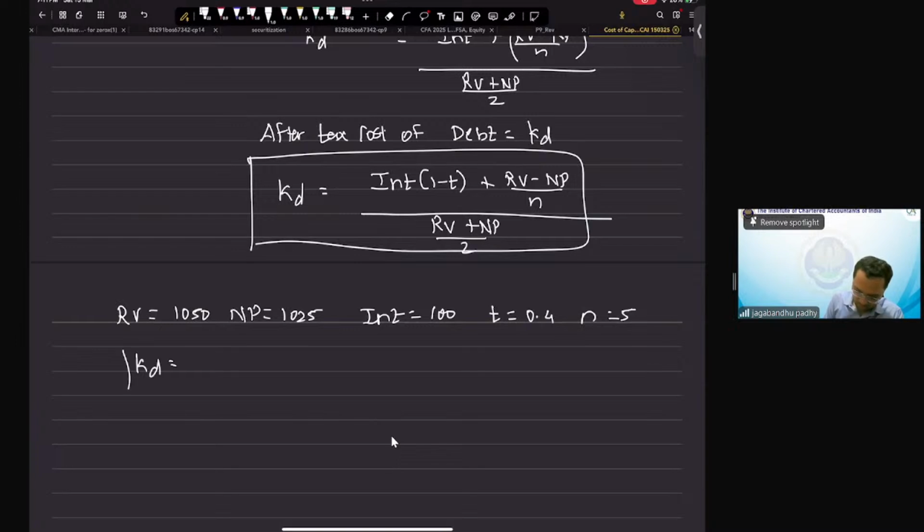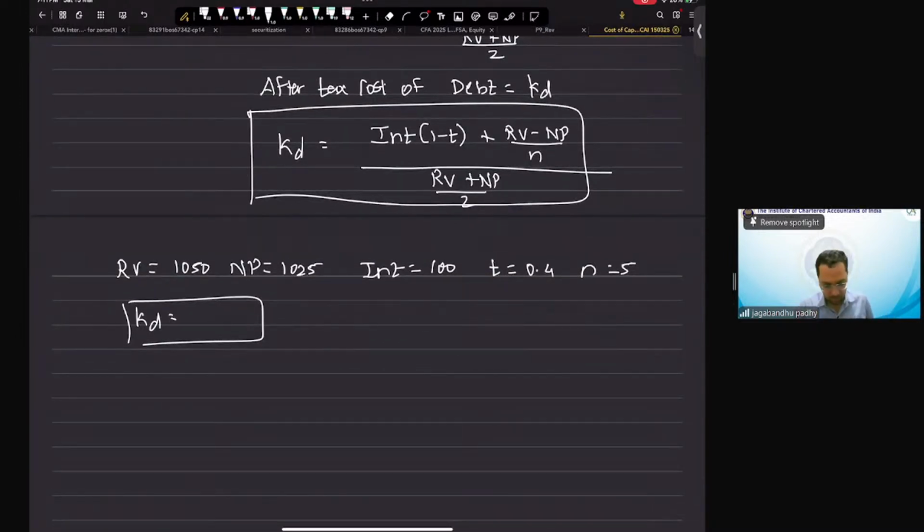Can you calculate the cost of debt, guys? Apply this formula, substitute the numbers in it, and give me the cost of debt.